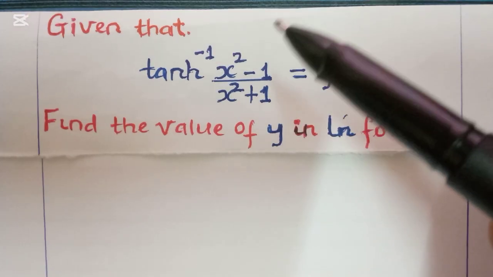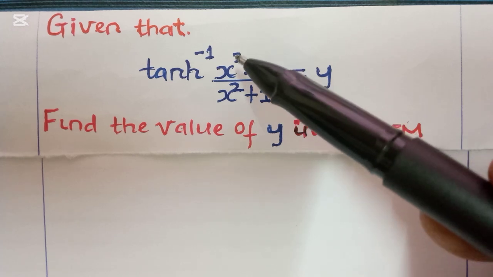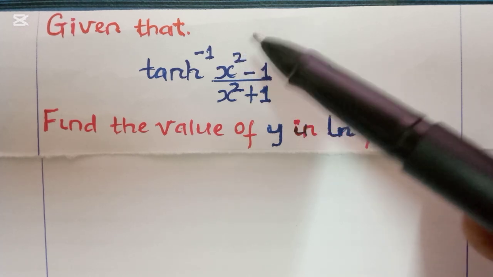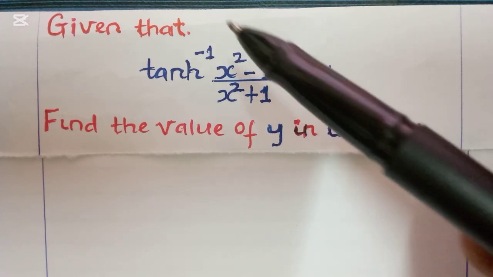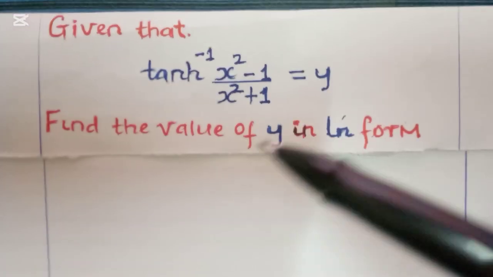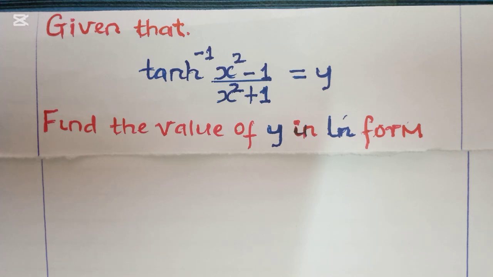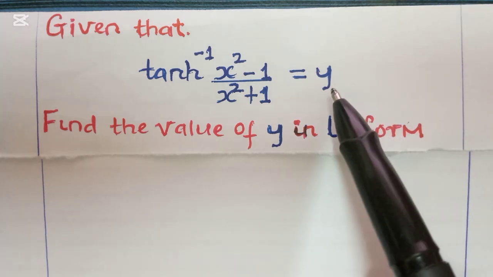So guys, we are going to use our hyperbolic identities, whereby we know the hyperbolic identity of tan, that is tan hyperbolic, and then we equate it to y.